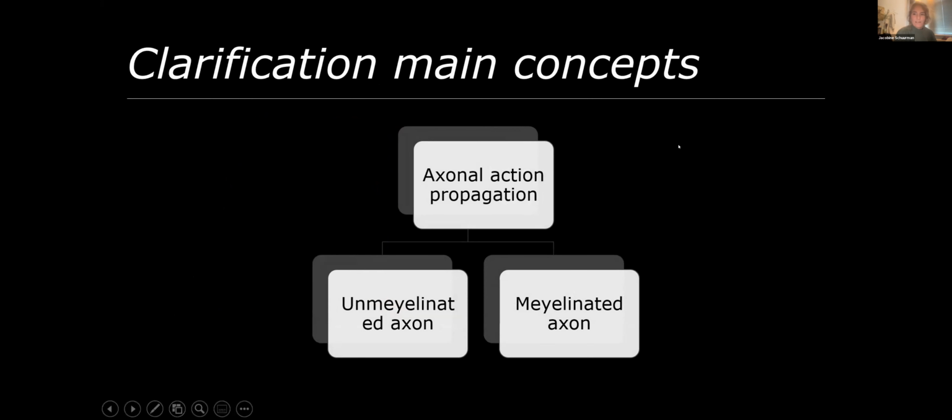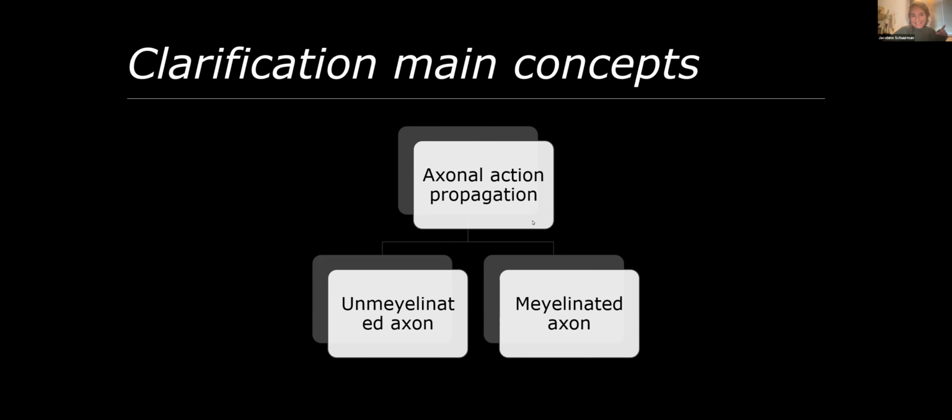So let's start with a clarification. When we talk about axonic propagation, we talk about the propagation of an action potential through the neuron's axon. And this can be divided into unmyelinated axons and myelinated axons.